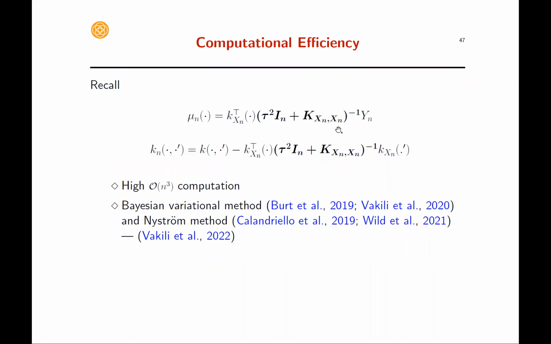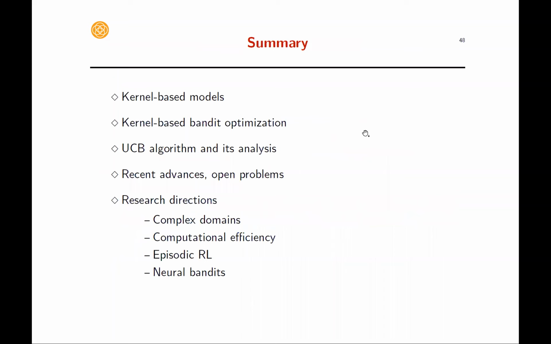Yeah, this is pretty much all I want to cover. So, in summary, we just had an overview of kernel-based models. We talked about kernel-based bandit optimization in particular: what the problem is. We went a bit deeper into the analysis of one of the algorithms, UCB, and then we talked about recent advances and some important open problems in the literature.